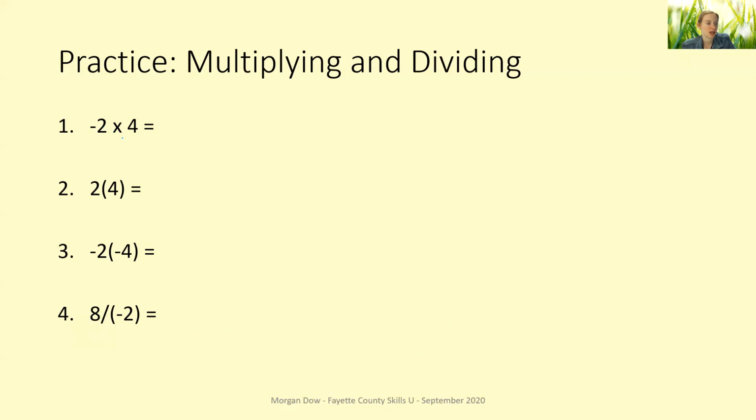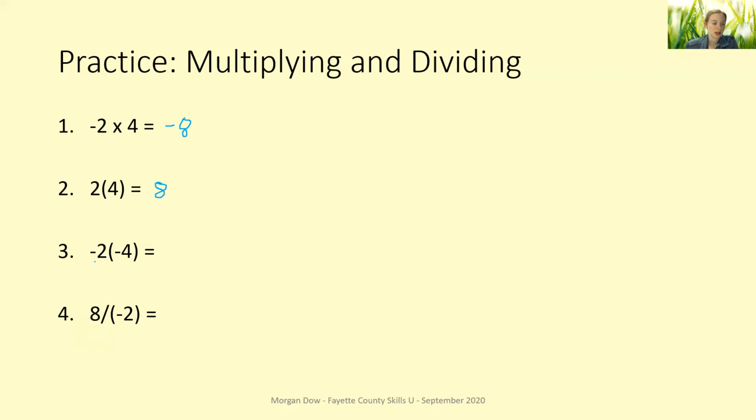So number 1, -2 times 4. We've got different signs, so we're going to get a negative result. Number 2, +2 times +4, same signs, we're going to get a positive result.